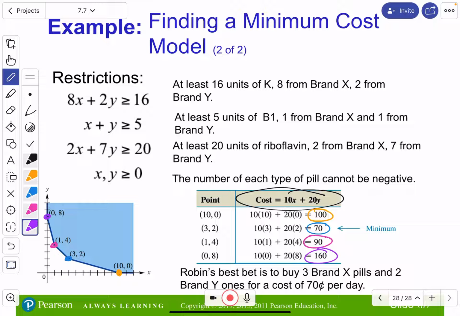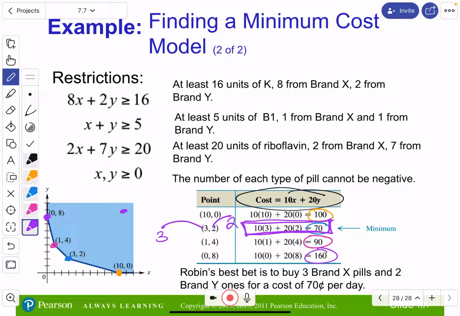And they want to know what the minimum is. So that would be the $70 one, which means she's giving 3 of brand X and 2 of brand Y every day to meet her minimum requirements at the lowest price. We could go way above the minimum requirements up here, but that's going to cost more. This point meets the minimum requirements, but costs more than double.